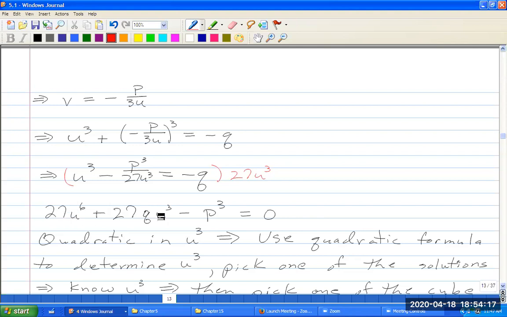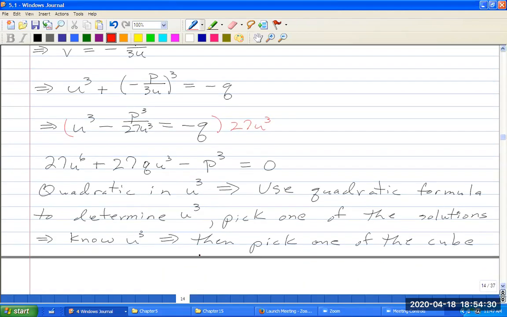But now this is quadratic in u cubed. So I can solve this because I know the quadratic formula. I can use the quadratic formula to determine u cubed. The quadratic formula gives you 2 solutions; just pick one of them, it doesn't matter. So I know what u cubed is, and I can figure out what u is by taking the cube root.